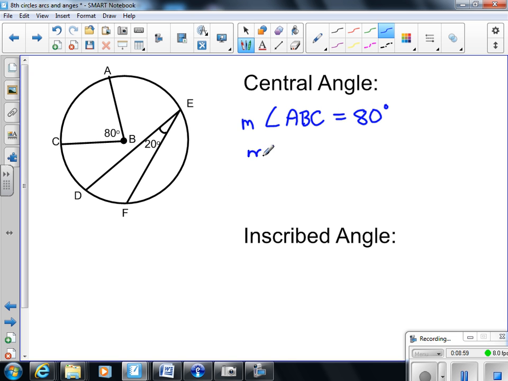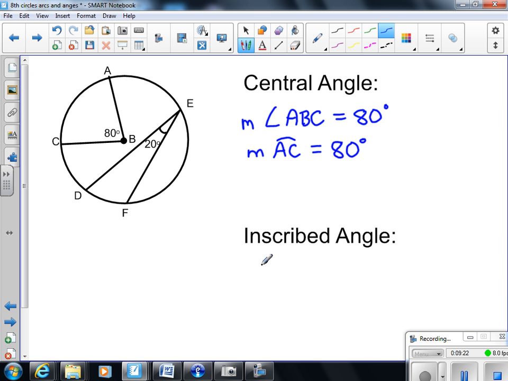What is the measure then of that intersecting arc, arc AC? Good, it would also be 80 degrees. They're the same. Central angles, their measurements are the same as their arcs that they intersect.